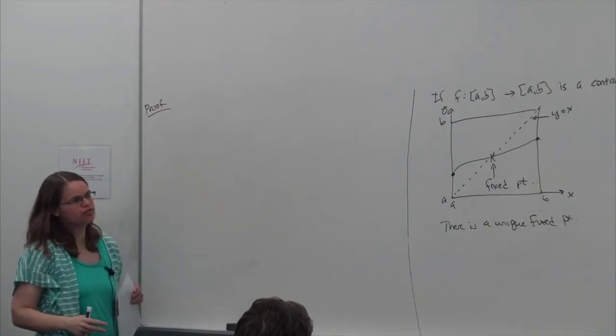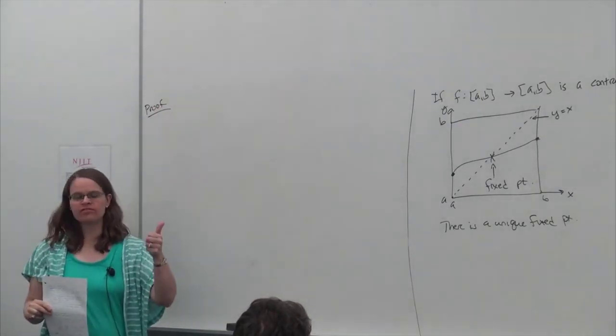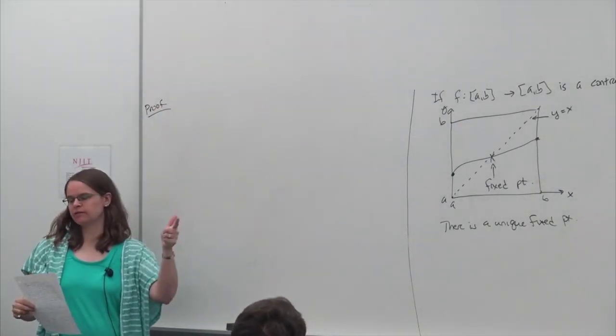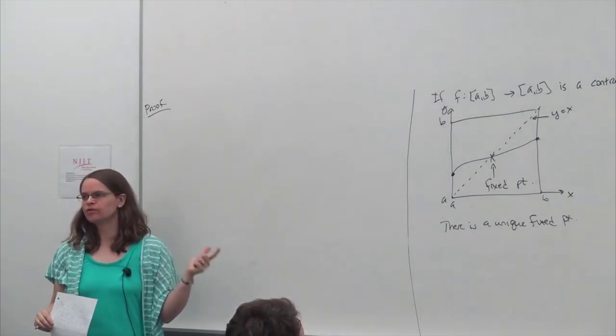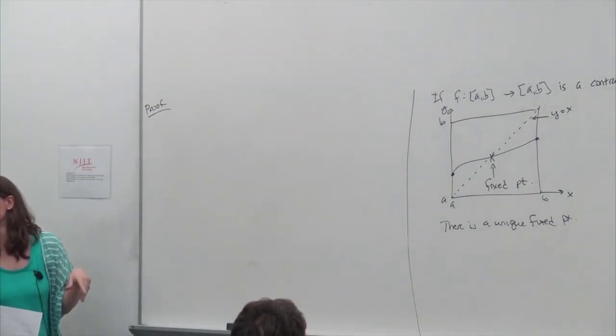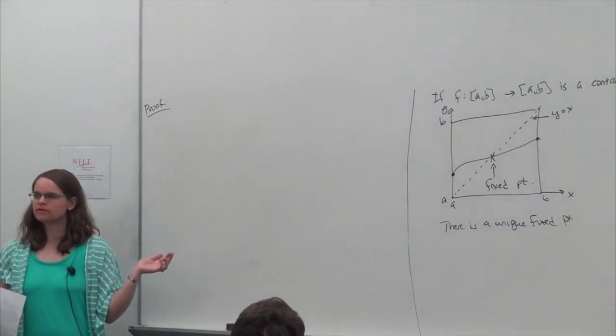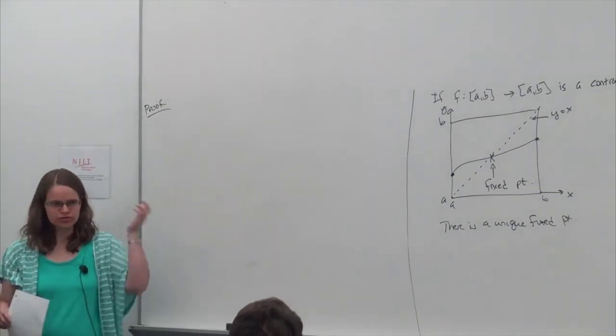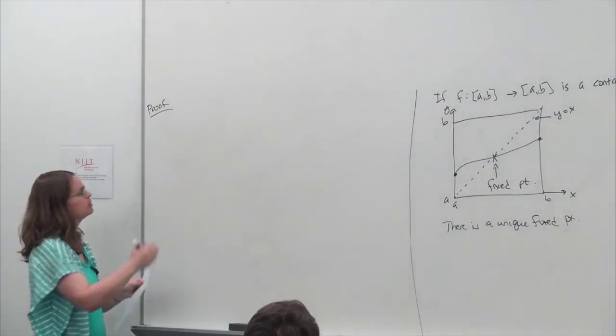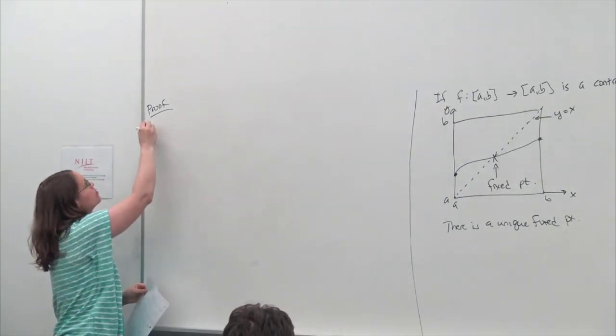So proof, there are two things to prove. The fixed point exists and that it's unique. I'll start with uniqueness. Uniqueness is usually easier. What's the standard approach to proving uniqueness? You suppose there are two solutions, and then you show they must be equal. Okay, so first we'll do uniqueness.